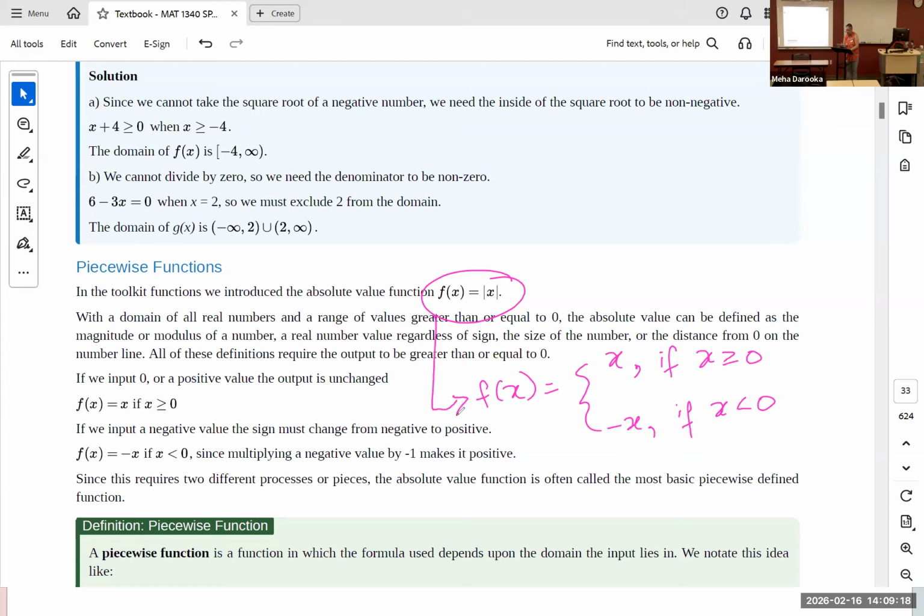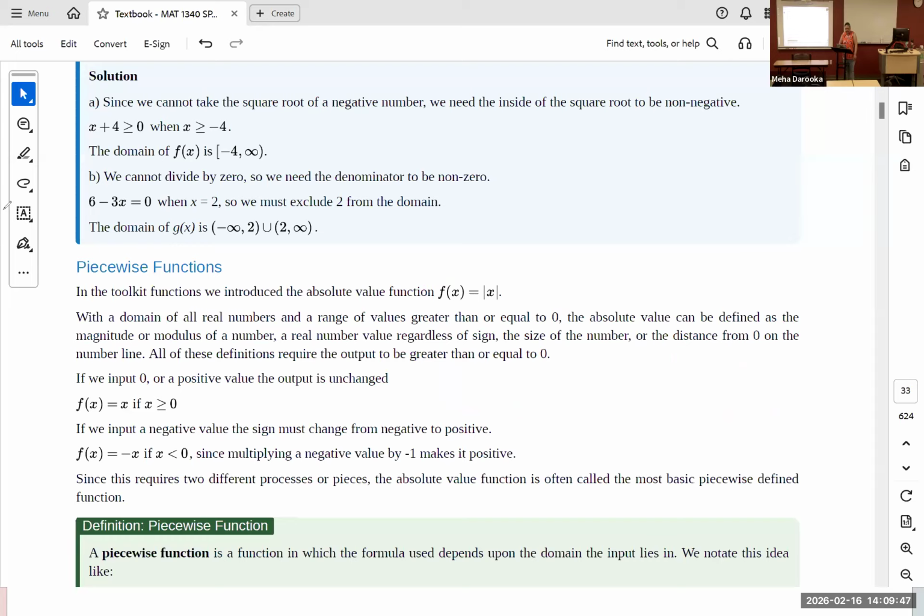So this is how you define the absolute value function as a piecewise function. So you will see this is what I mean. So we are saying if your x values are 0 or greater than 0, use the top definition. If your x value is negative, use the bottom definition. And the result is still going to be the same. We're always going to get positive answers, or 0 when you're using 0.